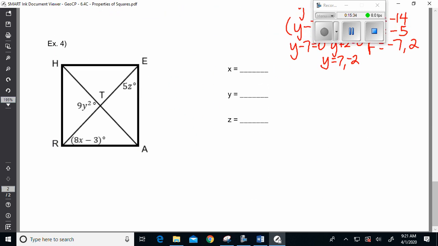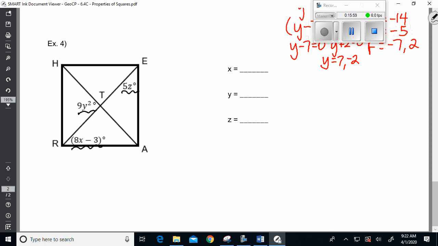So last example that we'll do involving the square. So here we have square HEAR. Now look at what you have. You have 8x minus 3, 5z, and 9y squared, and all of them are pointing at angle parts of the angle.